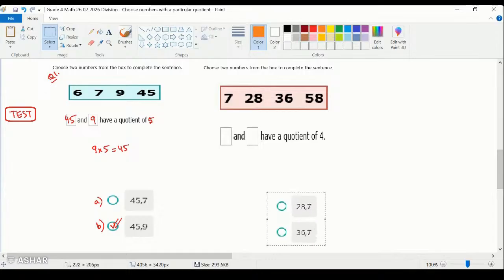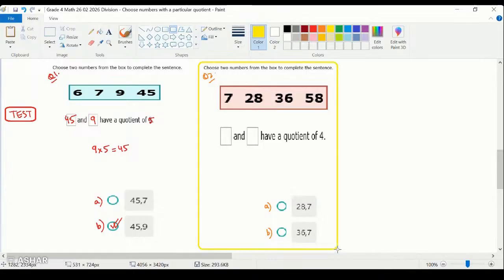This would be our question number 2, option A, option B. The given numbers are 7, 28, 36, and 58. We need to find numbers such that the quotient is 4.